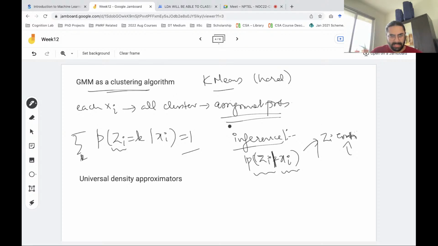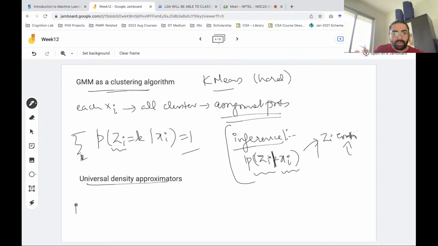So this is the idea of inference in these sort of algorithms, where you want to encode your data in some space which is hopefully low dimensional, right? GMMs are also known as universal density approximators. What does this mean?